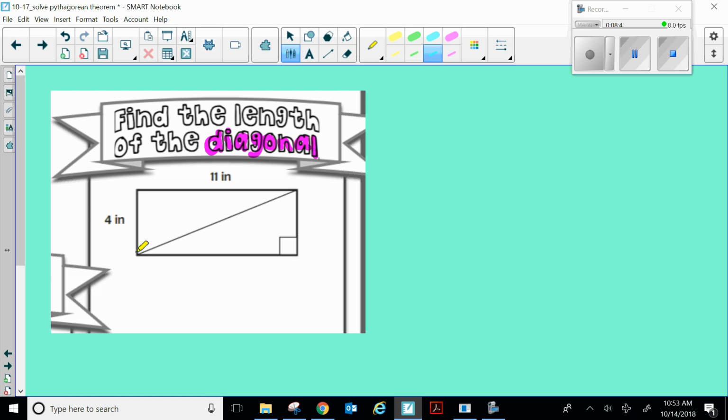The diagonal is going to be located here in the middle. Remember, my legs are what make up my right angle. So what I'm searching for here, if I want to find the diagonal, is the length of my hypotenuse.